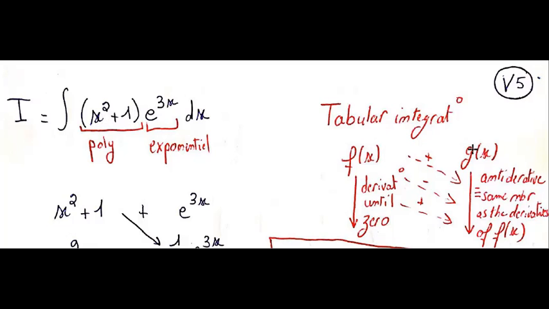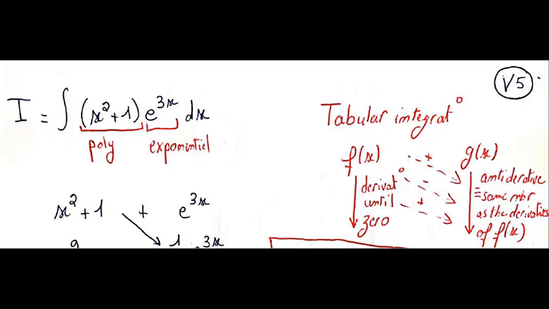And on the right, we put g of x, which in this case is going to be the exponential. And we write its antiderivatives, the same number as the derivatives of f of x. And then we join the first to the second, second to the third, and so on.